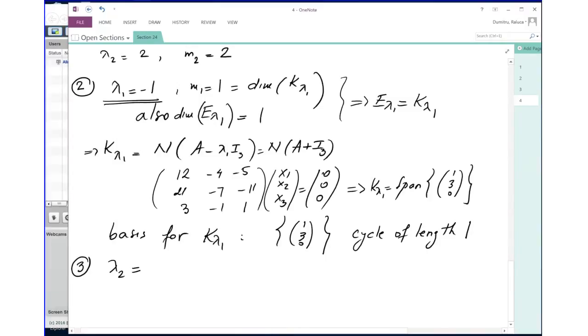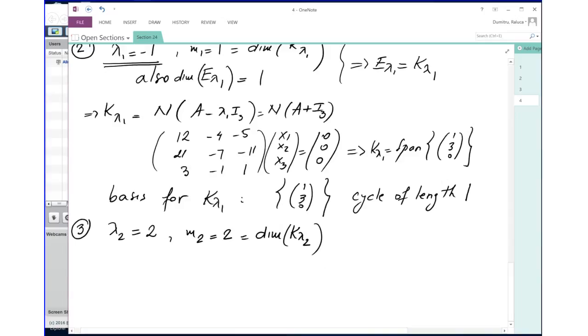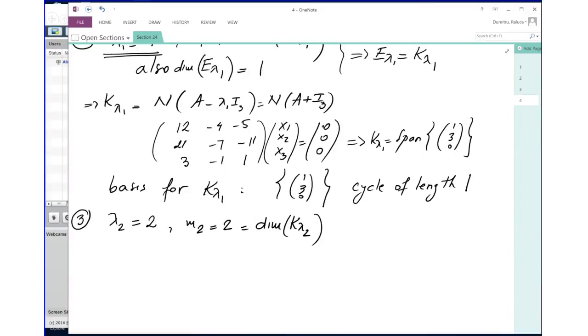When the multiplicity is not 1, things are not so nice anymore. So the generalized eigenspace will now have dimension 2. So we're going to need to form a basis for that. But what can a basis look like for K lambda?